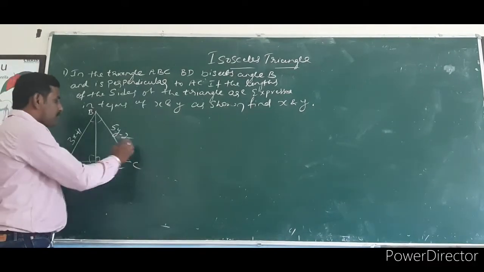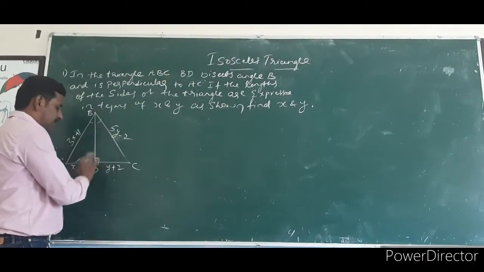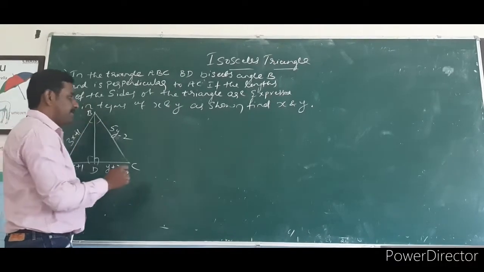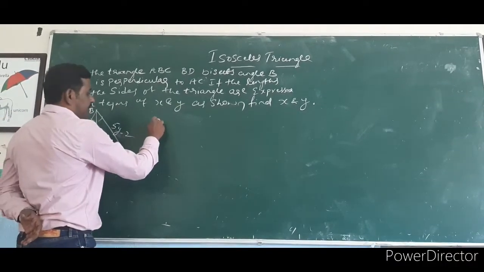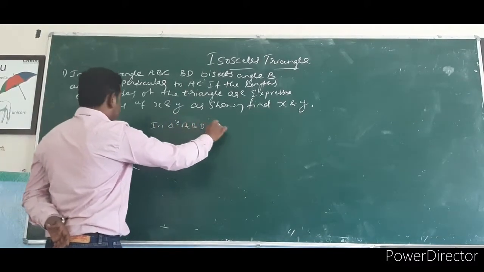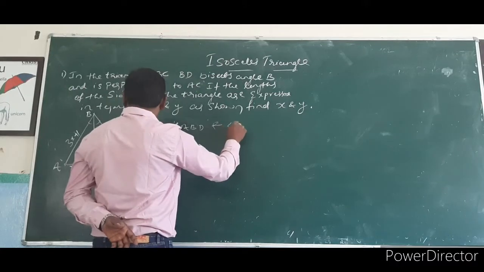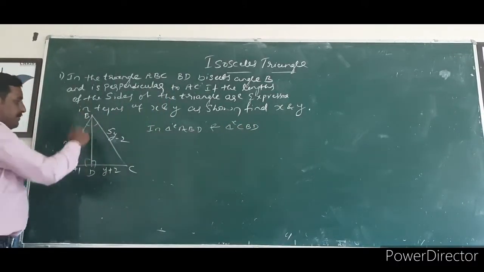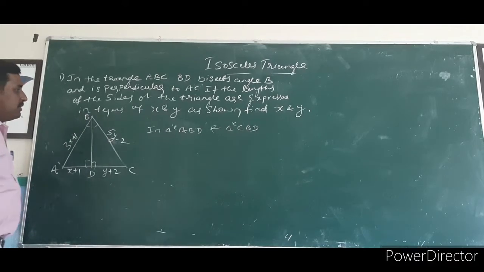Before we find the values of x and y, first we have to prove these two triangles, ABD and CBD, are congruent.